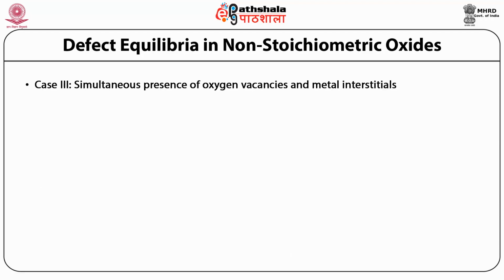Case 3 is simultaneous presence of oxygen vacancies and metal interstitials. Such a scenario is found often in ceramic oxides like titanium oxide, that is TiO2, and niobium oxide, that is Nb2O5.